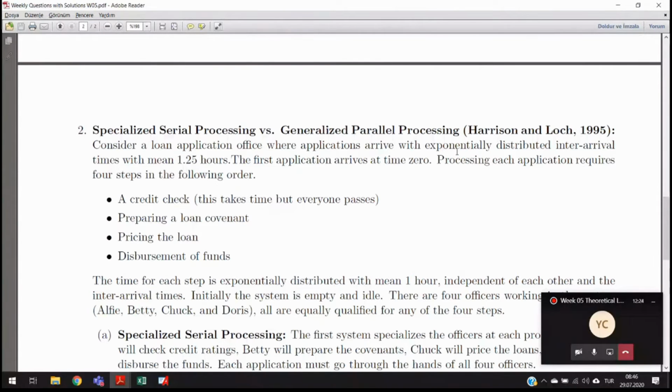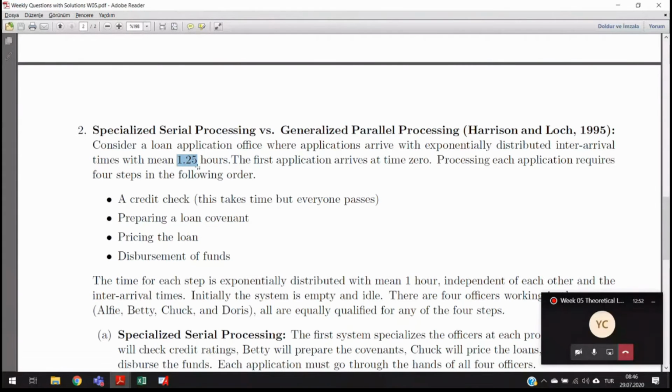So remember, the arrivals are occurring according to a Poisson process. And what is the arrival rate? The arrival rate per hour is equal to 1 over 1.25, which is 0.8 arrivals per hour, the reciprocal of this value, 1.25. And 1.25 is the average inter-arrival time.